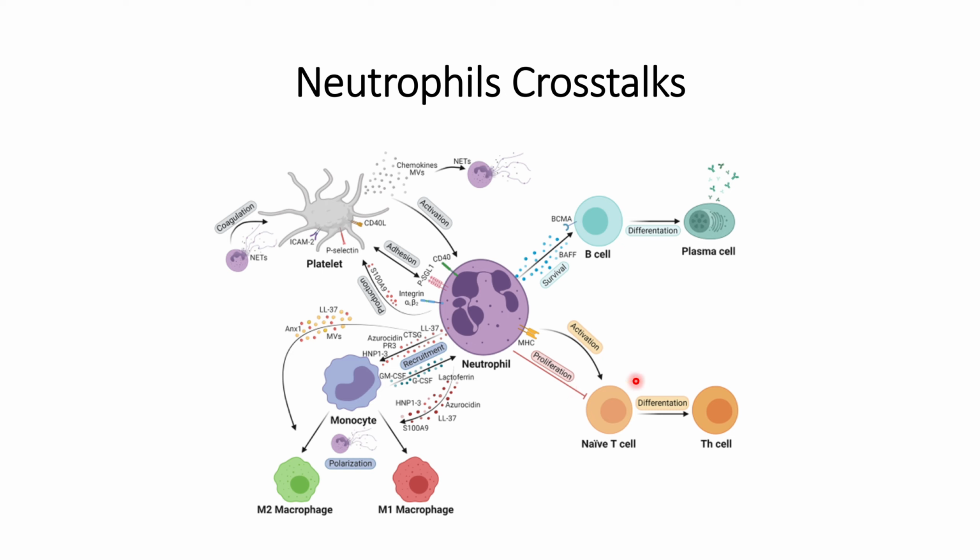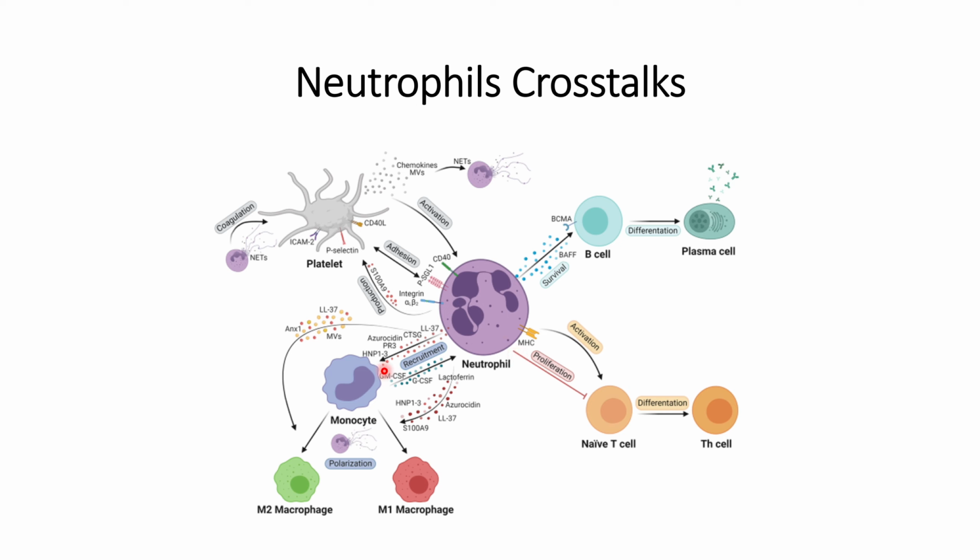Simultaneously, neutrophils also help in suppressing T cell formation whenever the amount of harmful substance is low. So in this way the neutrophils keep a check on T cell formation.